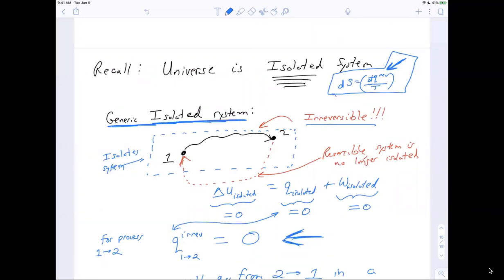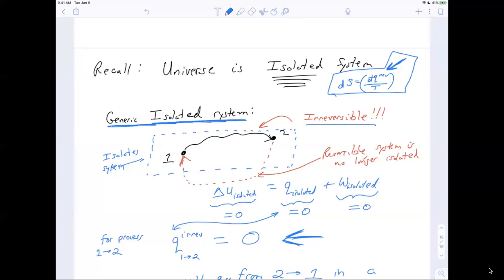So we constructed a reversible process where the system is no longer isolated, but there is a heat interaction involved. We need that heat interaction because dS involves dq reversible. This could be an isothermal process, where we keep the temperature of the system the same by either removing or adding heat.